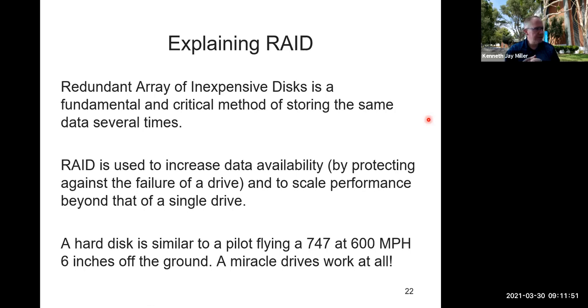So this is an area that is very common, right? And the redundant array of inexpensive disks is a fundamental and critical method of storing the same data several times. And remember, redundancy is one of our first lines of defense against our single points of failure.